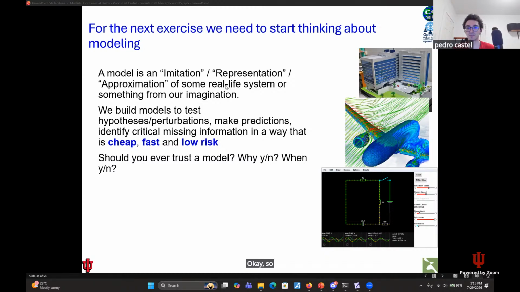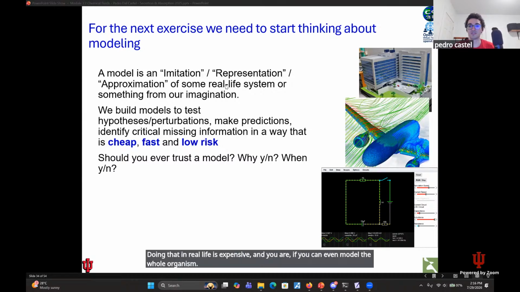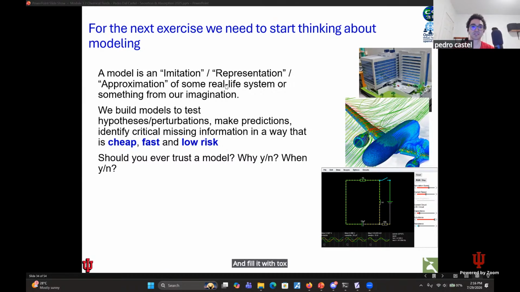So silly example, but that's kind of true. Especially in biology, where you want to overdose your cells with a toxin, doing that in real life is expensive, and you can even model the whole organism and fill it with toxins in a simulation without any ethical complications. Okay? So there are also ethical problems associated with doing things in real life rather than in a simulation.